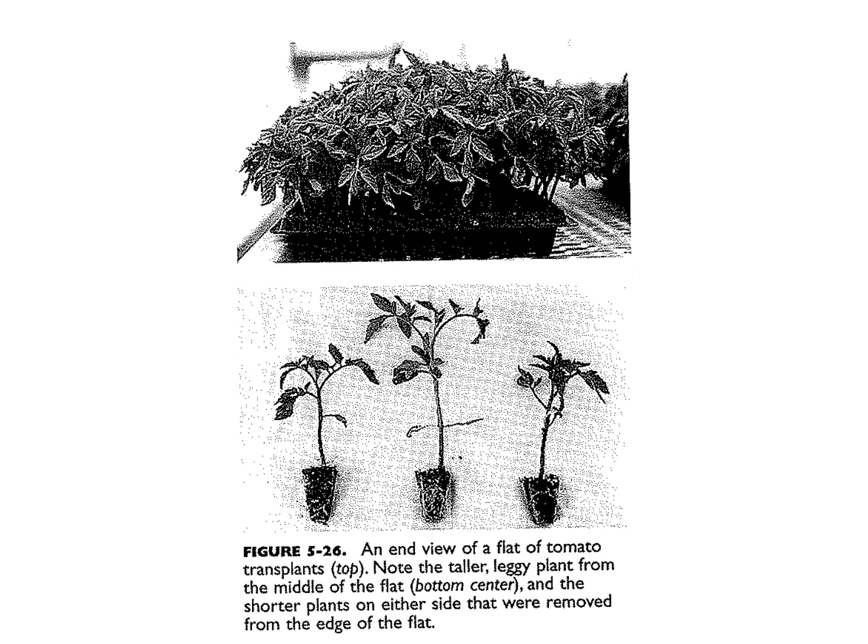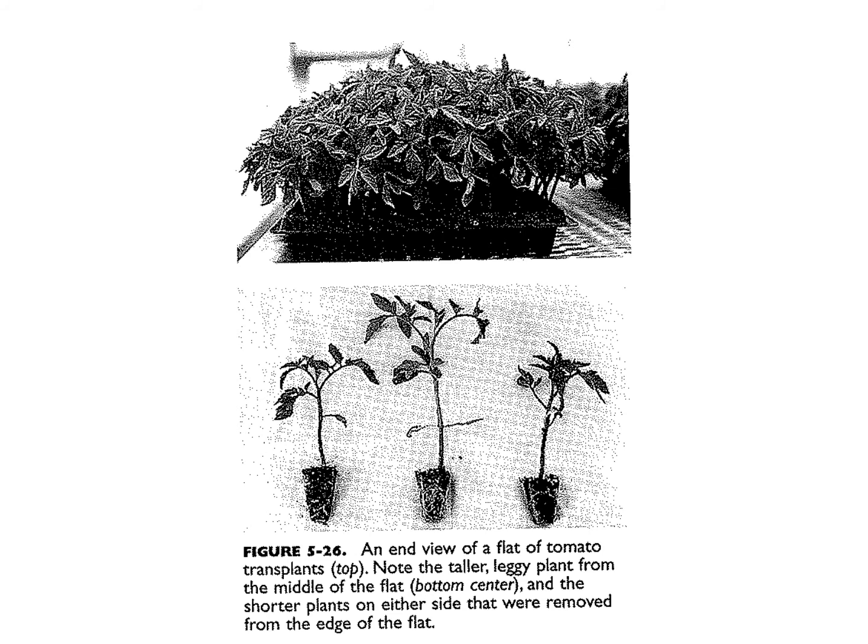Okay, here's another way to possibly illustrate that. This isn't the best picture. But this is a flat of tomato seedlings or tomato transplants that's sitting on a bench in the greenhouse. And what I want you to notice is somebody pulled a tomato transplant from the left edge of the flat, from the center of the flat, and from the right edge of the flat.